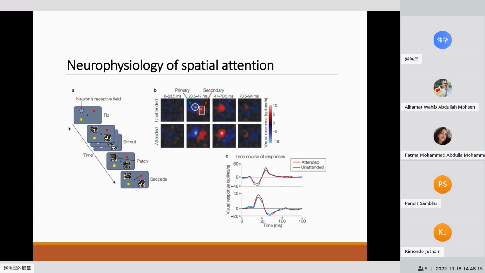Thus, the researchers could evaluate responses of the neuron when that region of space was attended and when it was ignored in different blocks.